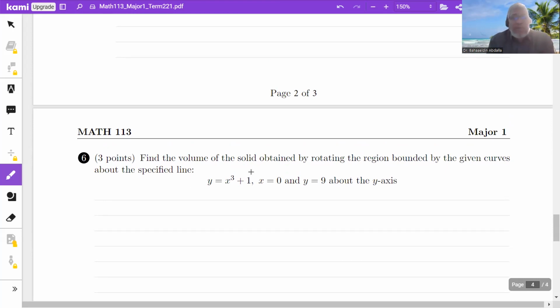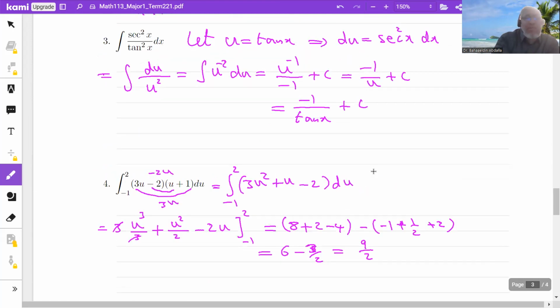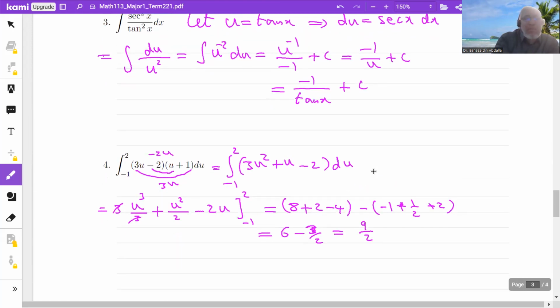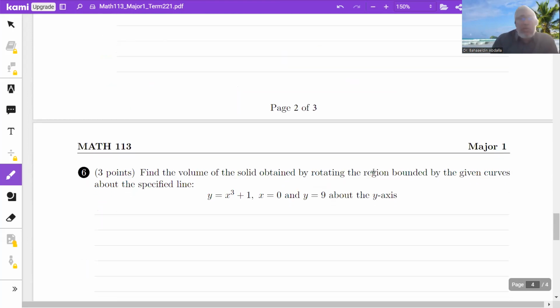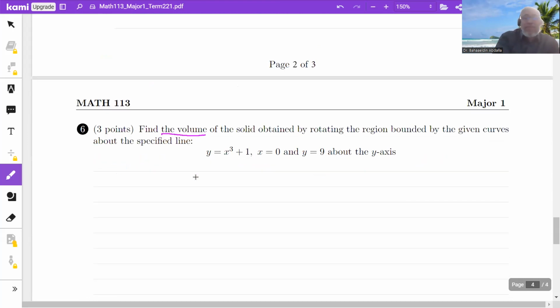Find the volume of the solid obtained by rotating the region bounded by the given curves about the line. So we need to find the volume here. And we studied two methods to find the volume.